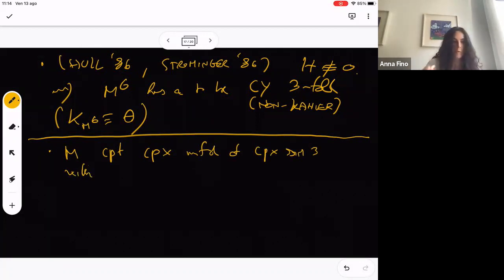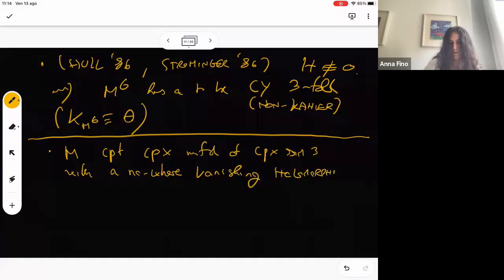So we choose a nowhere vanishing holomorphic (3,0)-form. We call this Ω.